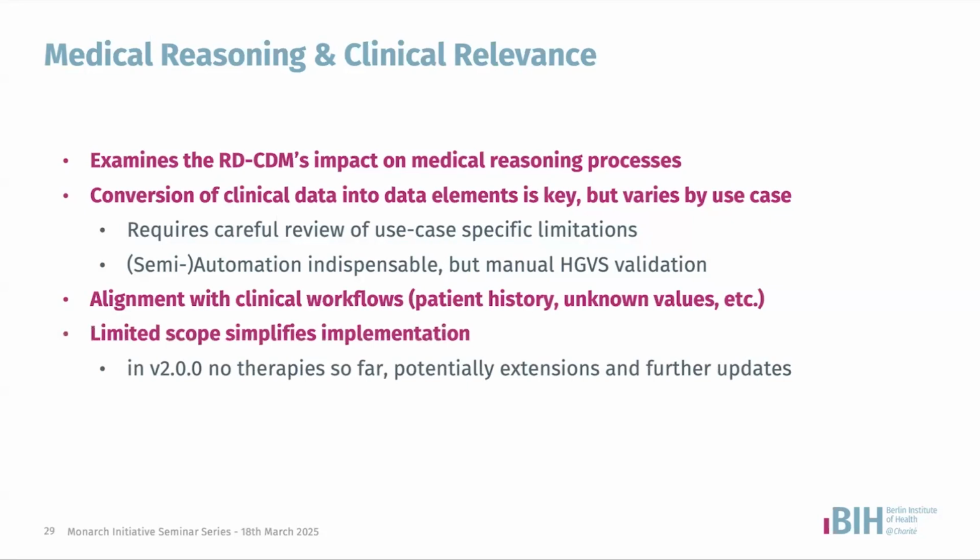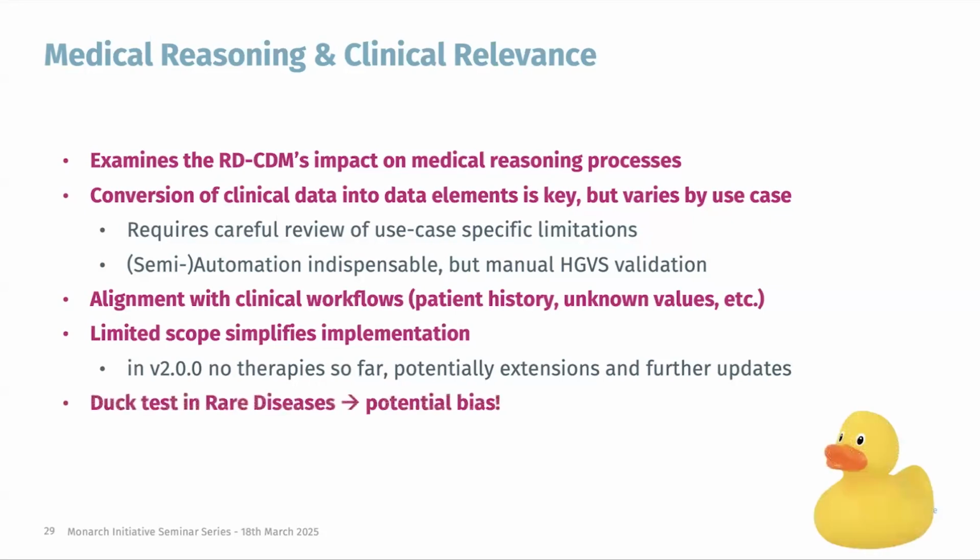But this said, the limited resources in rare diseases make semi-automation indispensable, because there are loads of data in Excel sheets and other formats already out there, which will not be feasible to use if everything had to be captured manually.